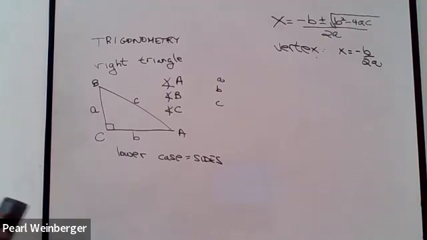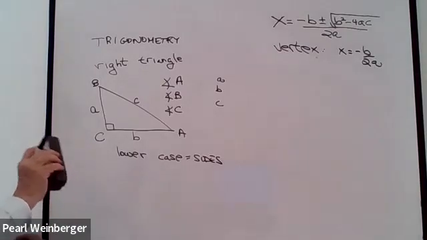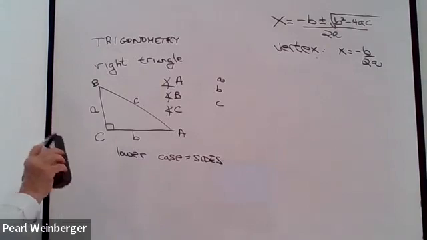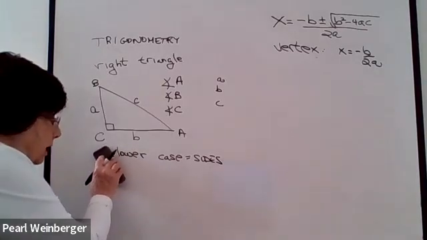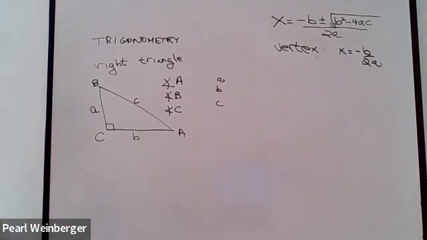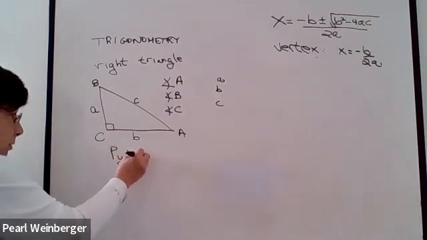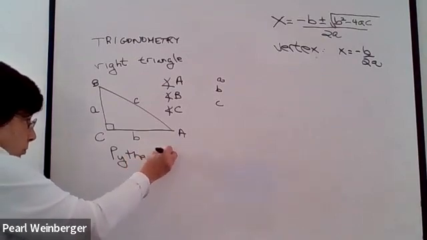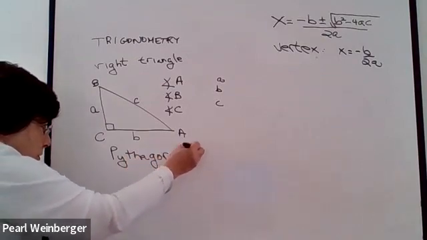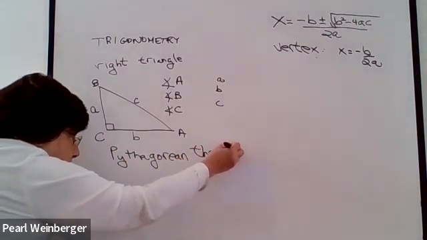Okay. Now, even before we actually go to trigonometry, there's an important formula that you have to learn that applies to right triangles. That formula is called the Pythagorean Theorem. It's called a theorem, but basically it's just a formula.